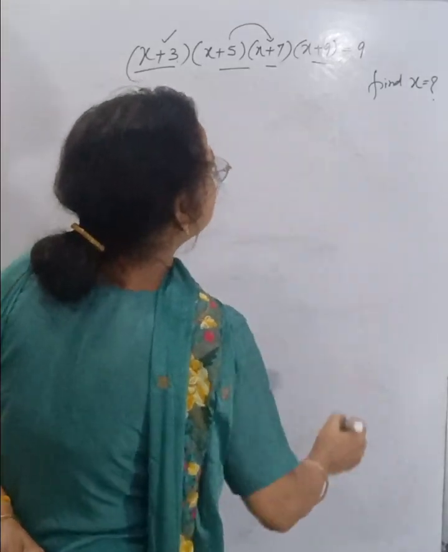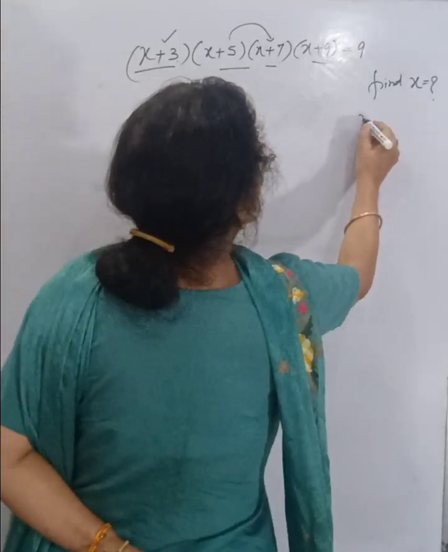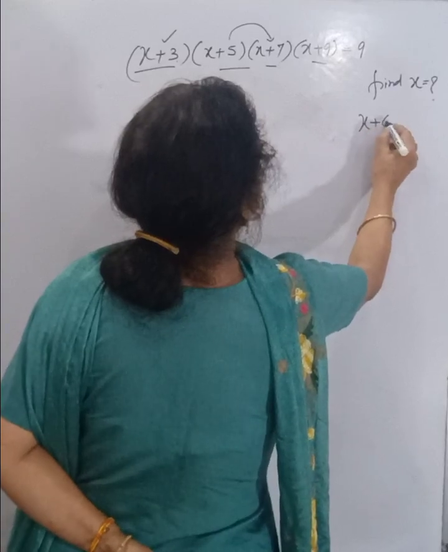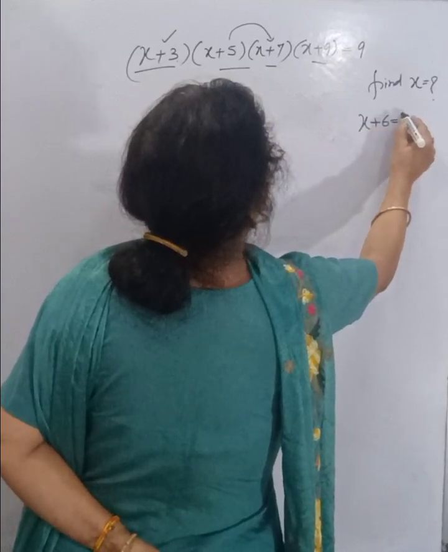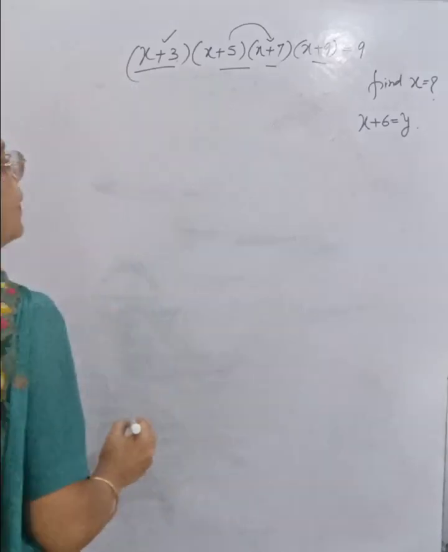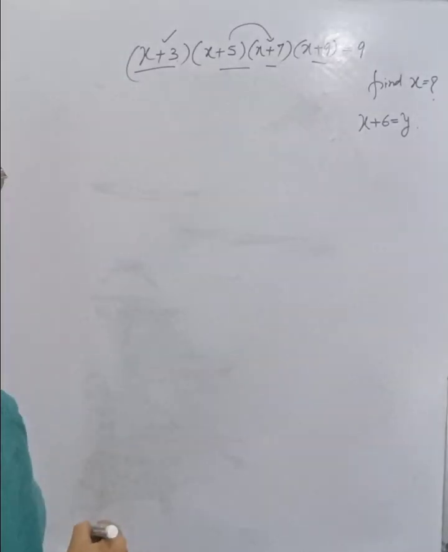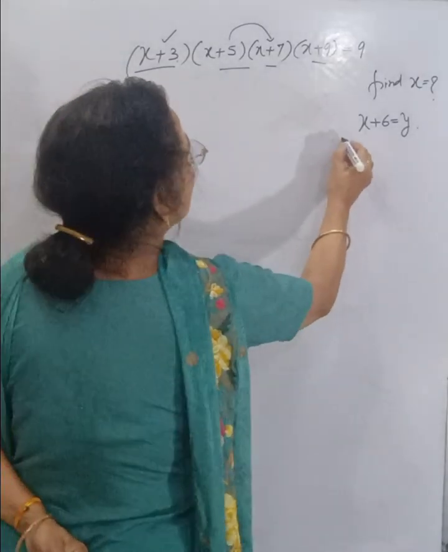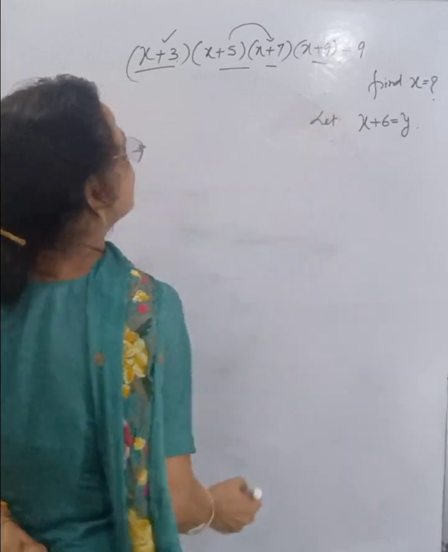It means if we put x plus 6 is equal to y, supposing x plus 6 is equal to y. Let this be.